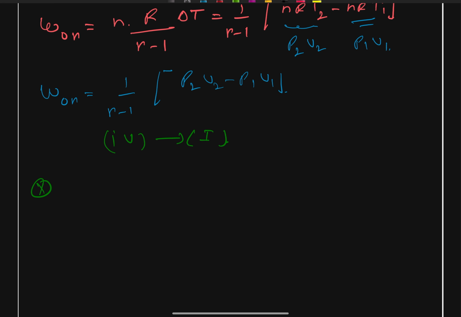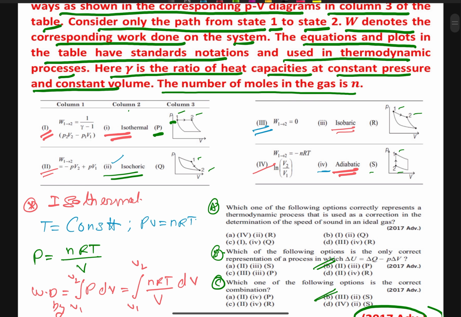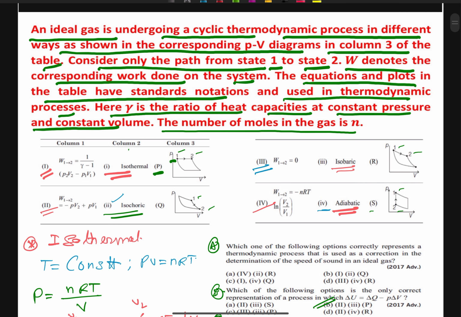We know that our speed is, so we have to find out the speed.